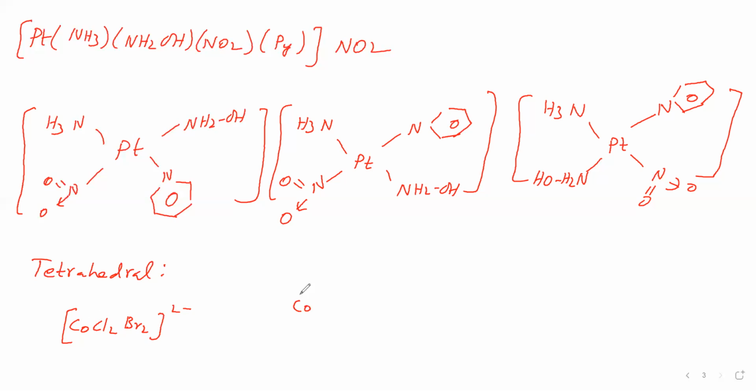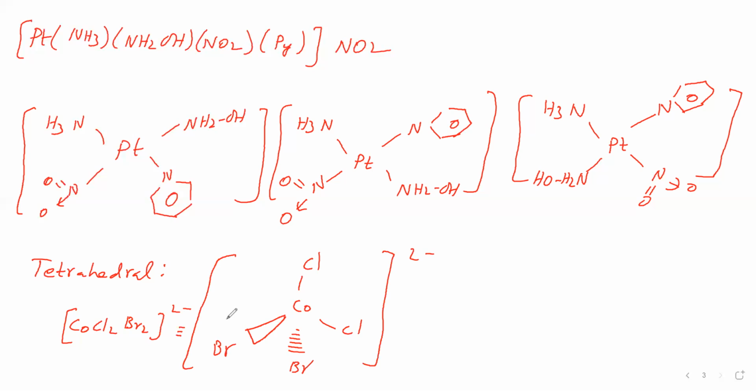Now the central metal we have written, one ligand Cl, another ligand Cl, next ligand Br, next ligand Br. Net charge is -2. We have written the tetrahedral complex. Now Cl is adjacent to Cl. Both Cl are adjacent.